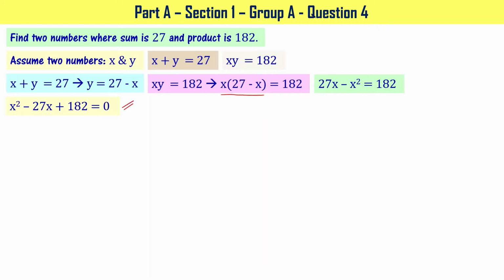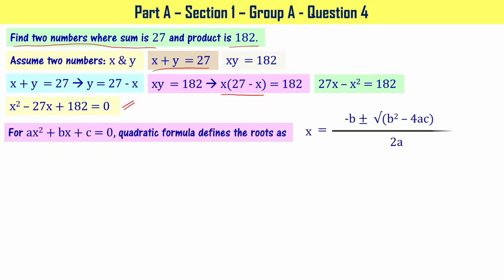This is the quadratic equation. We want to solve this quadratic equation to find the value of x. Once you know the value of x, you can substitute it into this equation such that you will get y. So we'll have the answer for both the numbers, meaning you know the value of x and the value of y. It means you know what are those two numbers whose sum is 27 and product is 182, right?